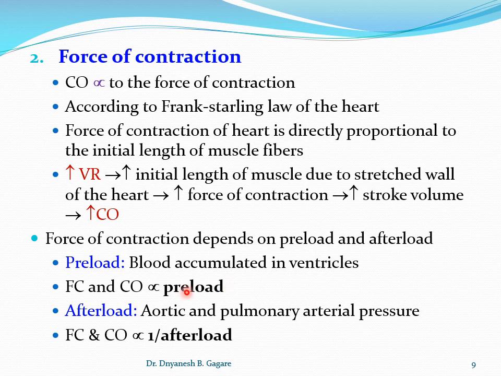Simply, if the accumulated blood in the ventricle is more, there is an increase in force of contraction and an increase in cardiac output. Then what is the effect of afterload? If the afterload is more, there is a decrease in cardiac output. So force of contraction and cardiac output are inversely proportional to the afterload.